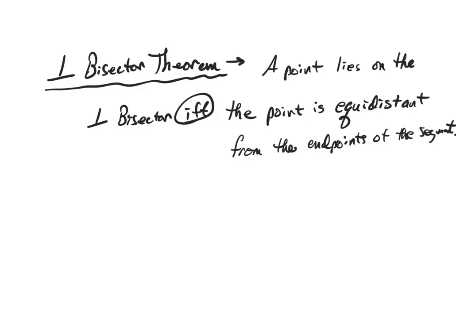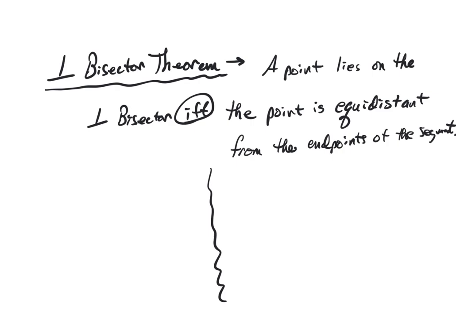So a point lies on the perpendicular bisector if and only if the point is equidistant from the endpoints of a segment. Okay? So please remember the if and only if problems. The if and only if problems work in both directions.